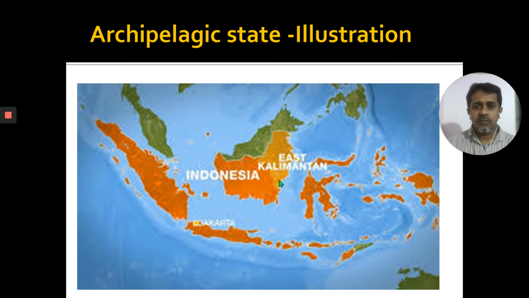So this whole portion is going to be treated as part and parcel of Indonesia, or whichever the archipelagic state. So even this is not considered as high sea, even if it is neither part of the exclusive economic zone nor territorial water.